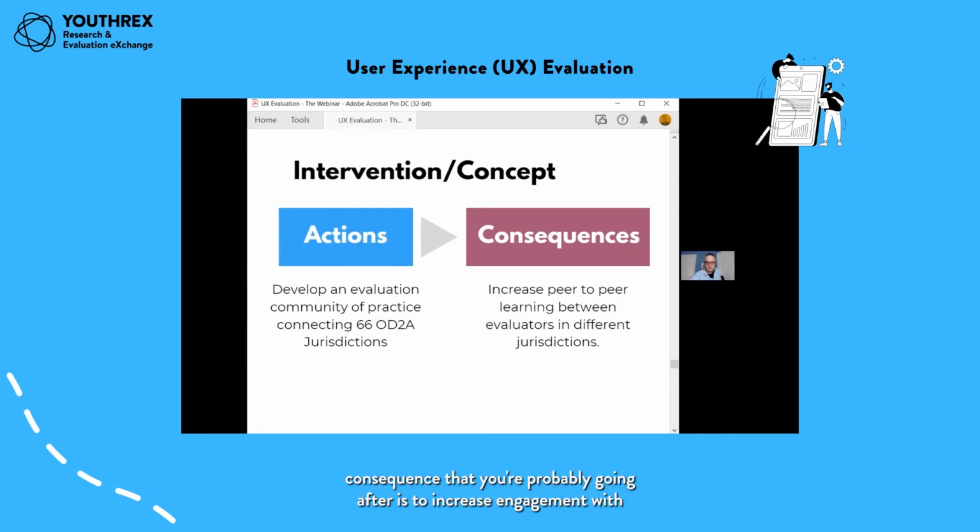The consequence that you're probably going after is to increase engagement with youth. Henry, instead of just learning new methods, it's not the result of a survey, but you're actually trying to better engage with youth in general. So maybe it's a new method, maybe it's an old method, but it's the method that works better for them. And so you have the action, usually you're leading towards some kind of consequence like that.